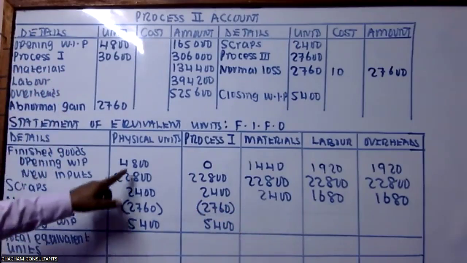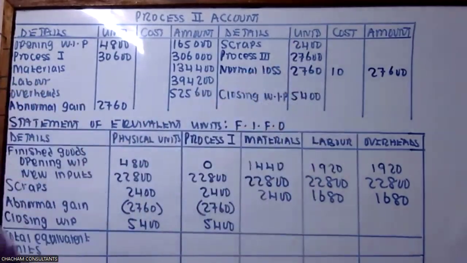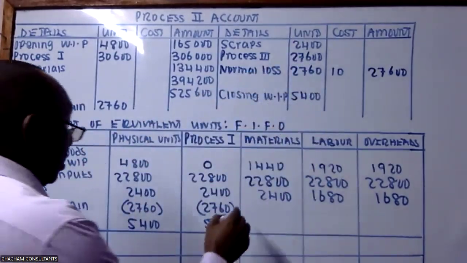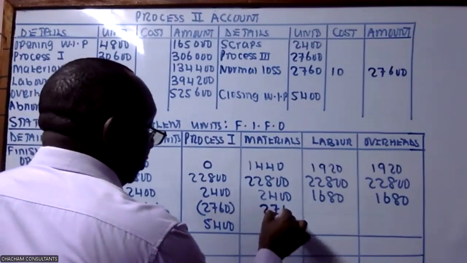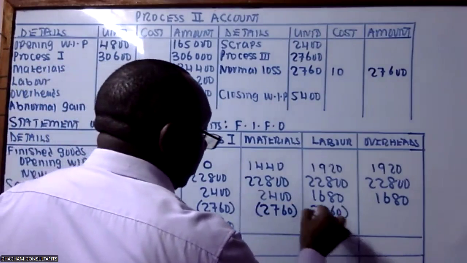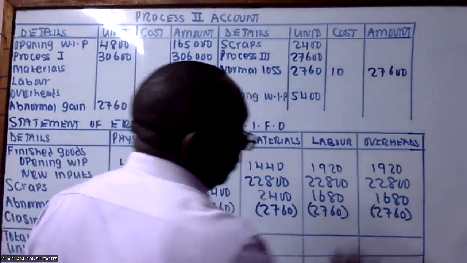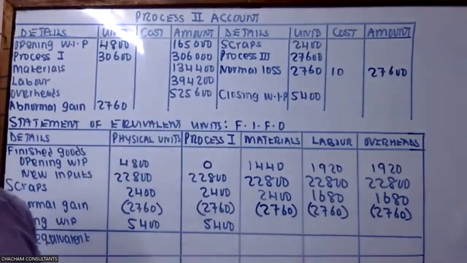You see these others are on this side. So 2,760, which is negative, for each of the three columns. They should not have the same sign.